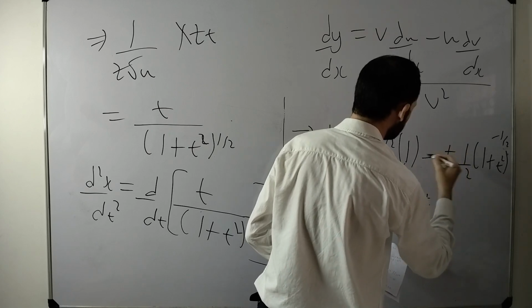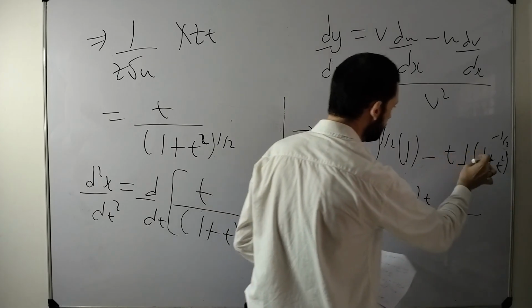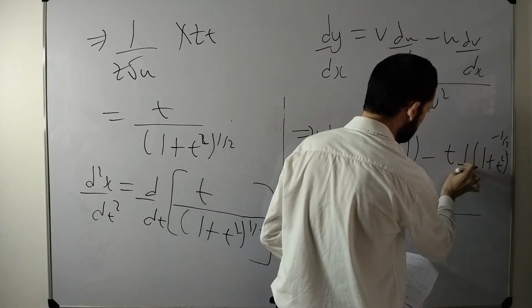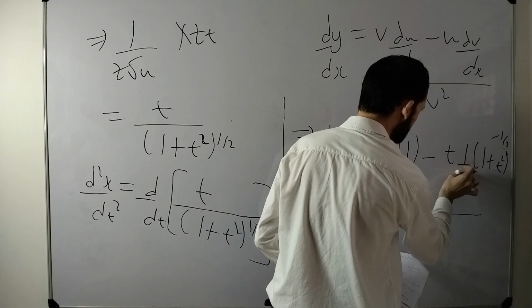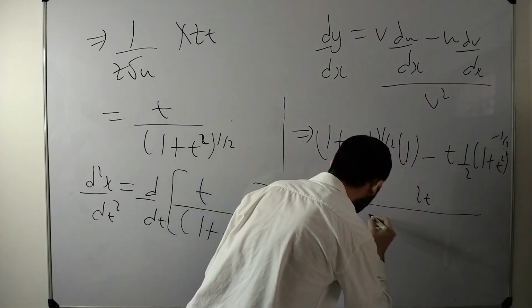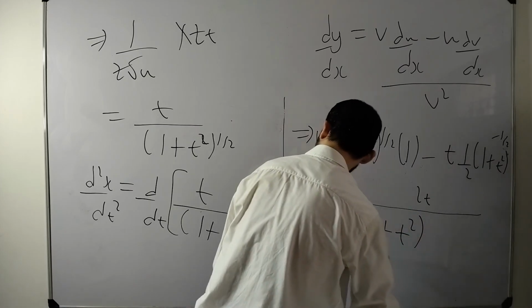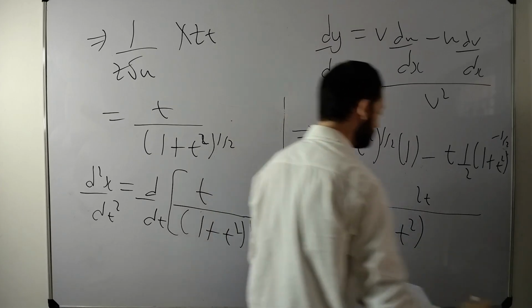This would actually be this thing, yes. Why do you ask? 1 by 2 is positive, so the power is positive. So it has to become in this way and this becomes negative. So this becomes what? 1 plus t squared and this is squared. So this becomes this thing only.